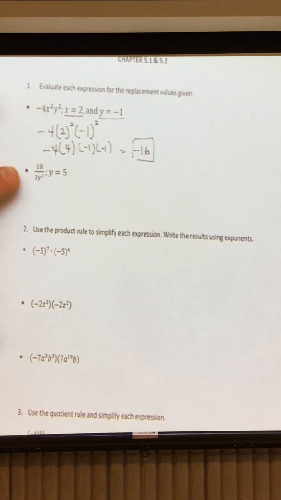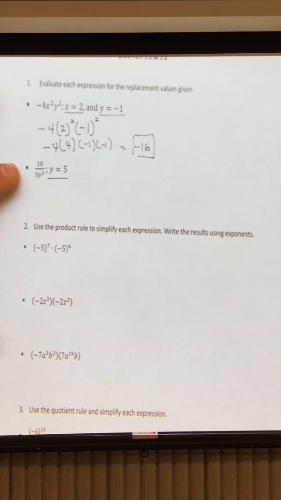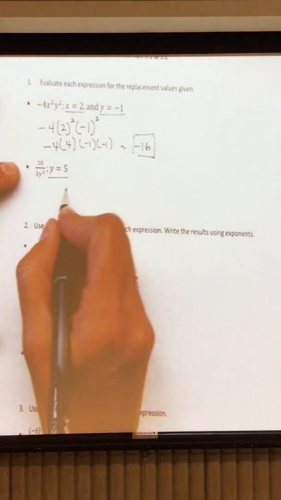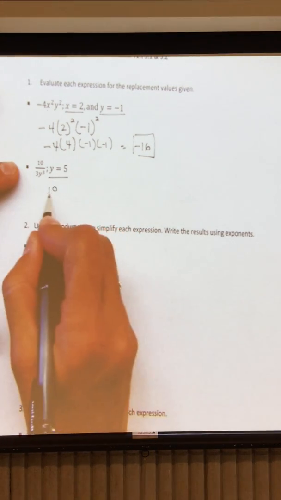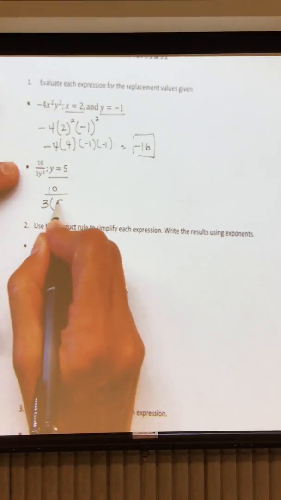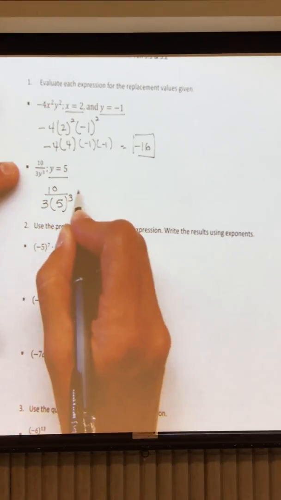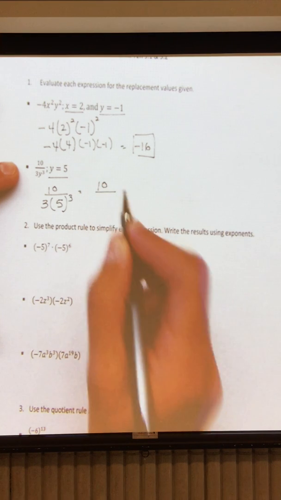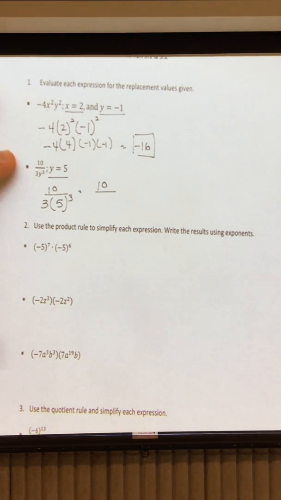Second part of number 1, substituting y is equal to 5. We have 10 over 3 times 5 cubed, and 5 cubed is 5 times 5 times 5.